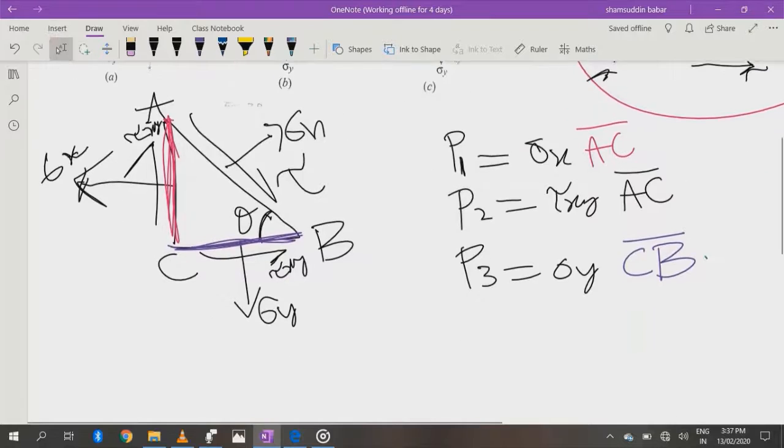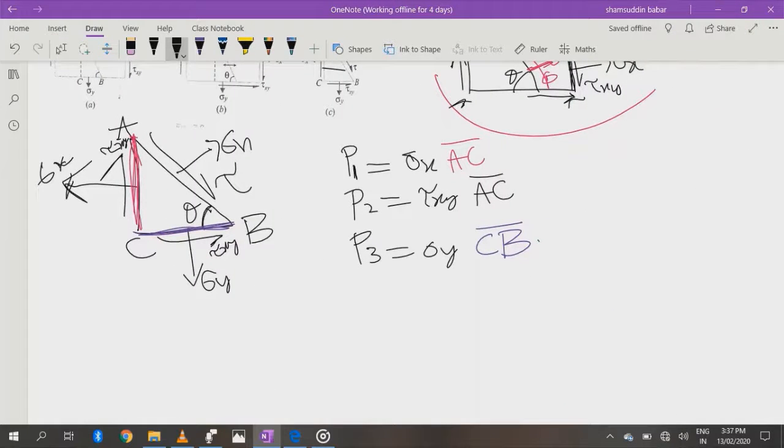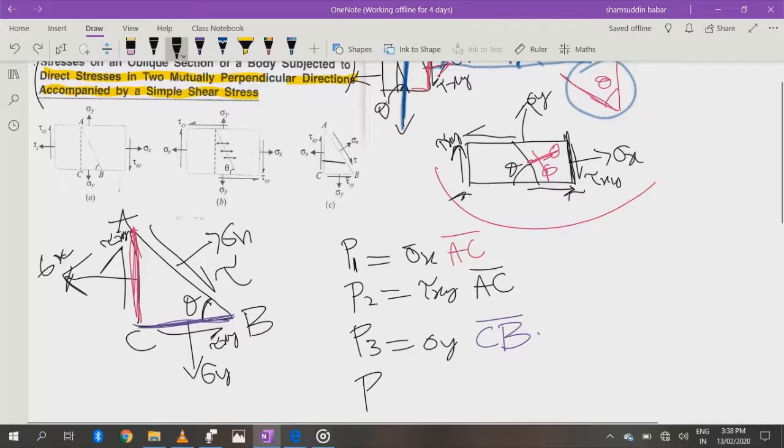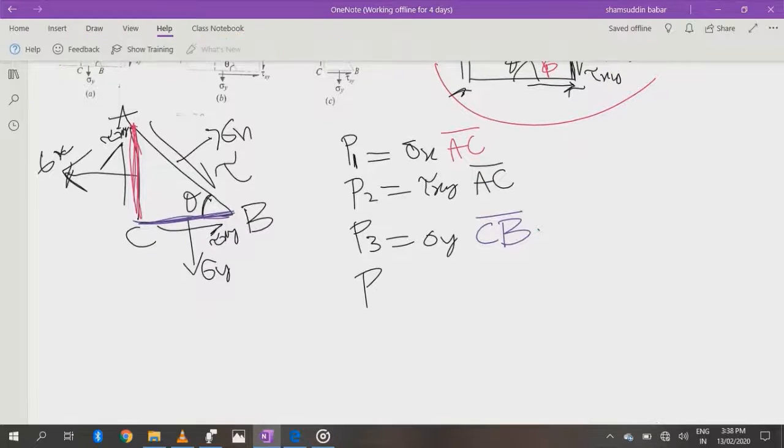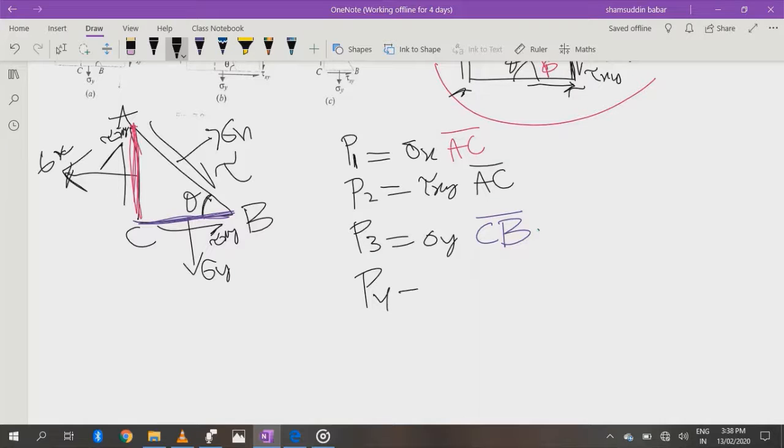And for my P4, P4 is equal to stress tau xy and CB.